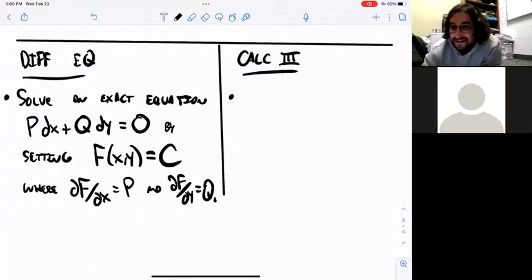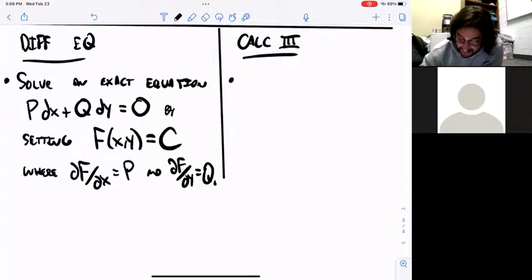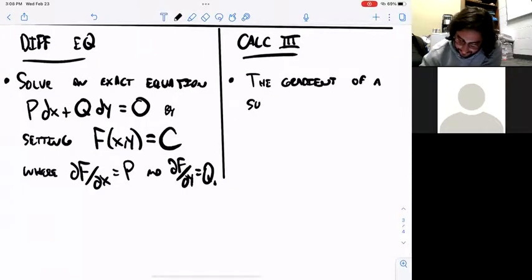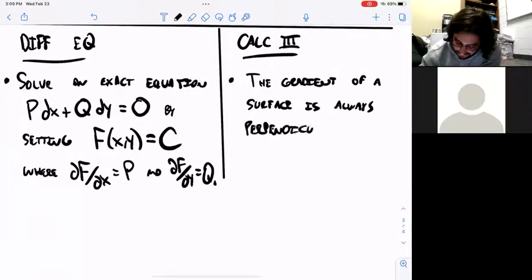What does this correspond to in Calc 3? So here we're at a not obvious at all correspondence. This corresponds to the fact in Calc 3, this is something you prove in Calc 3, that the gradient of a surface is always perpendicular to the level curves of that same surface.